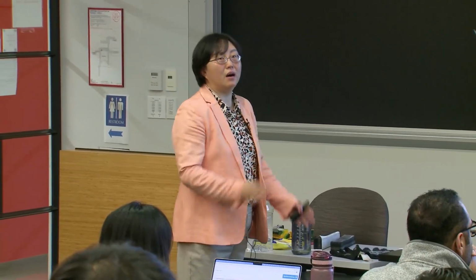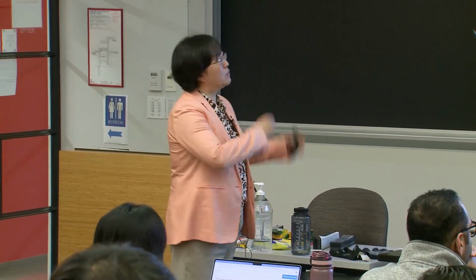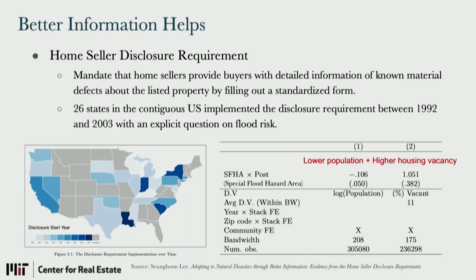Climate risk also needs information. Provide information. So that's why now they have this home seller disclosure requirement, mandated to the sellers, no matter if it's individual sellers or developers, to provide buyers with detailed information of the known material defects.